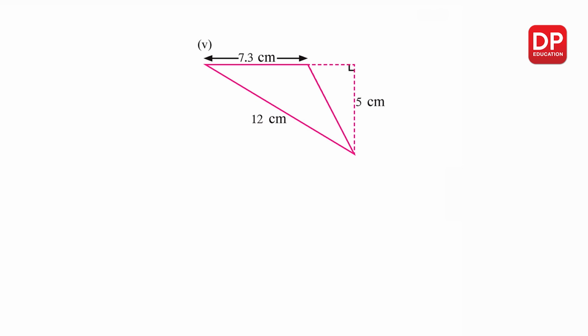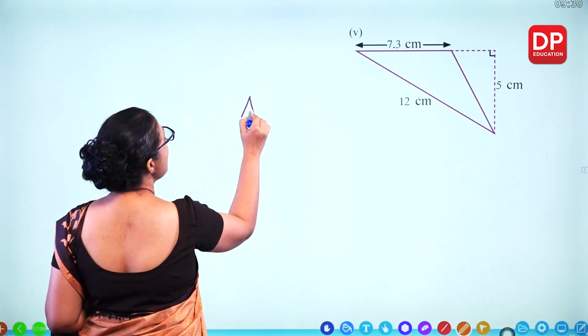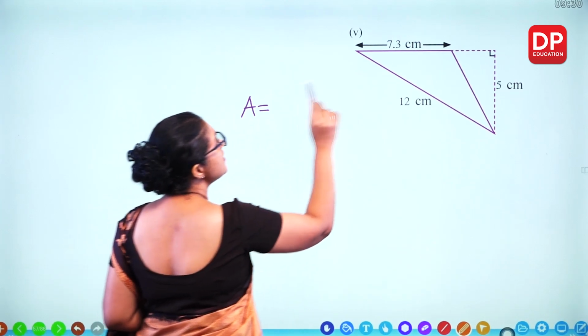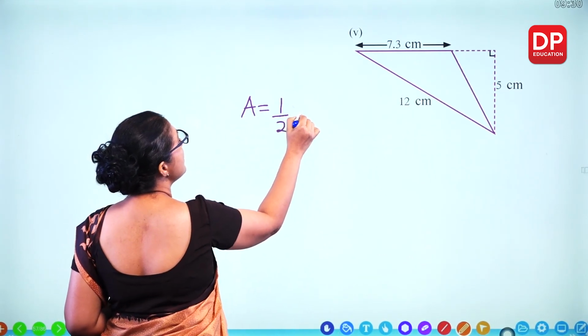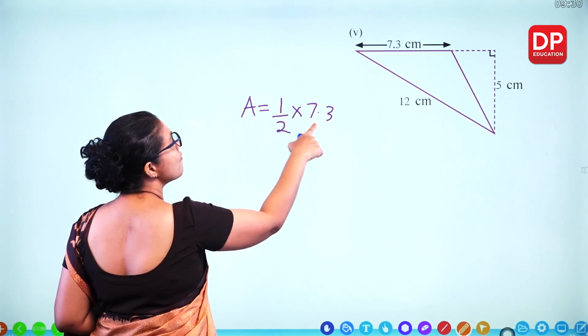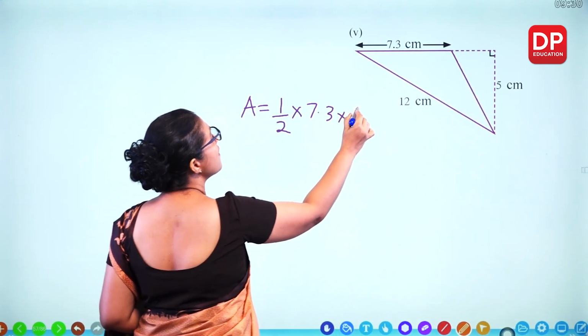Part 5. This is an obtuse angle triangle. So what's the area? Area is half into base length 7.3 into perpendicular height, which is 5.